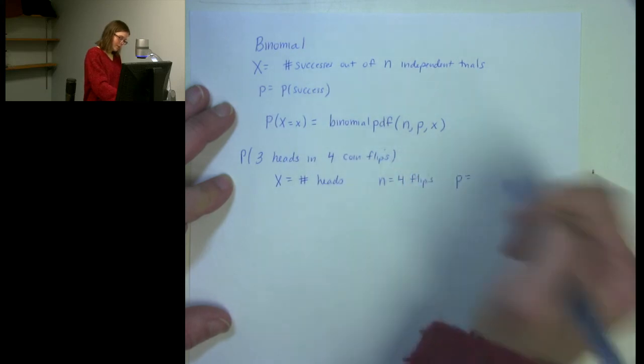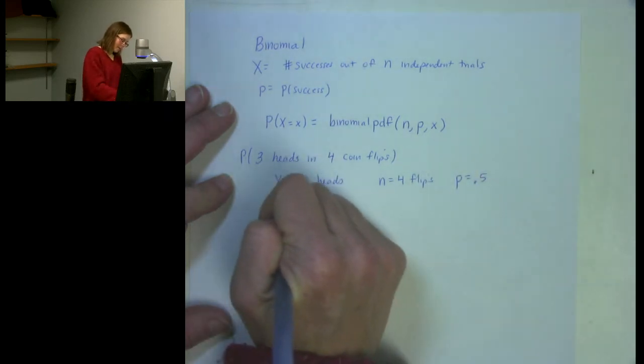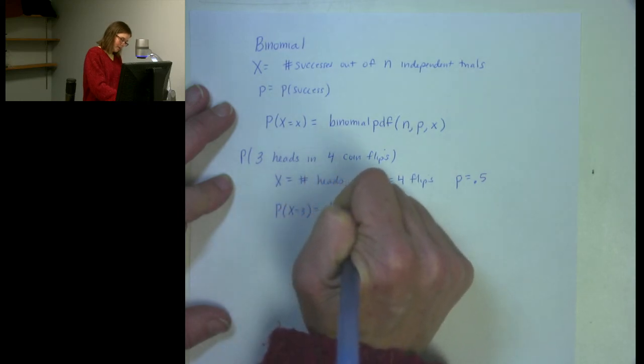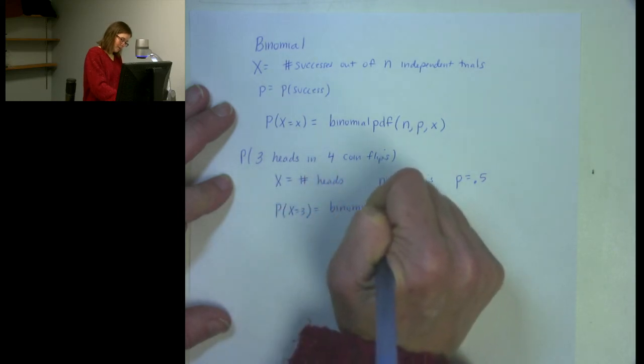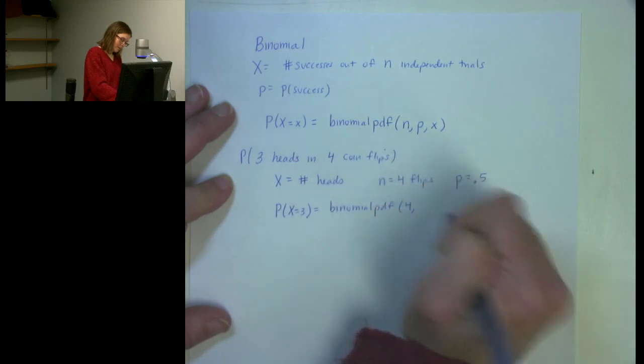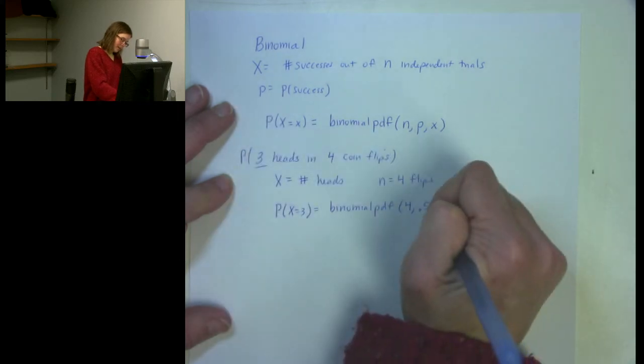P, assuming the coin is fair, would be 0.5. The probability that x equals 3 I could find by using the binomial PDF, putting in n, p, 0.5, and x would be the 3 heads.